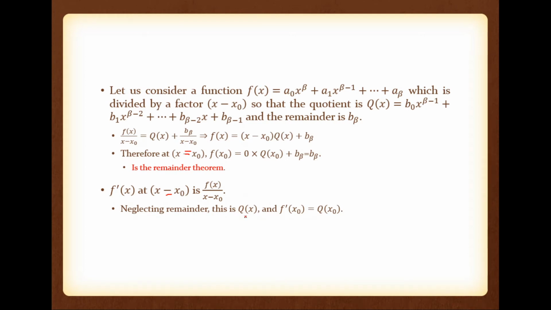So at x equal to x0, f dash of x0 is equal to q of x0. Please note that. So finding q of x is the most important thing. We have to find q of x0. How to find q of x0? How to find q of x? That we are going to discuss.